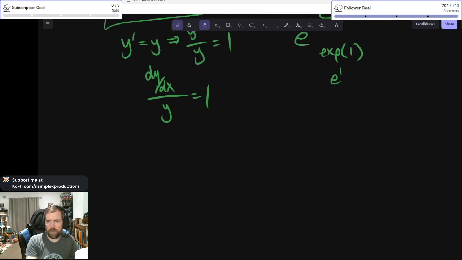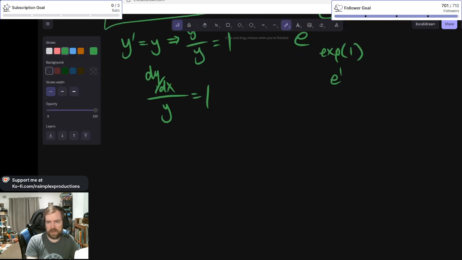So therefore we can multiply both sides by dx and end up with dy over y is equal to dx. And now we have a very beautiful differential equation where when we take the integral of both sides, antiderivative in this case works just fine. We end up with, it's kind of giving it away, but all right.